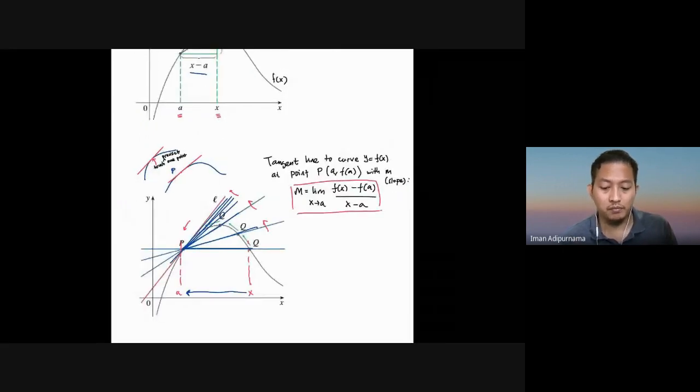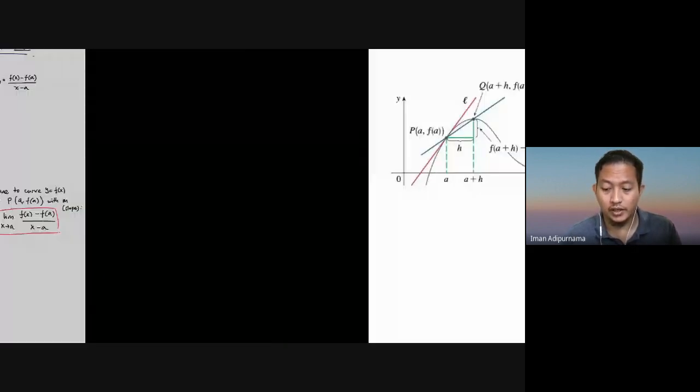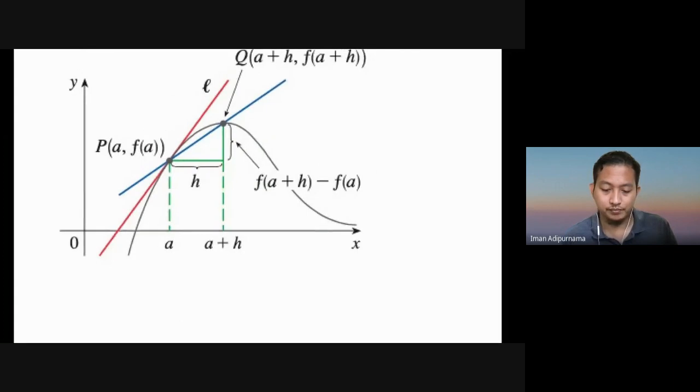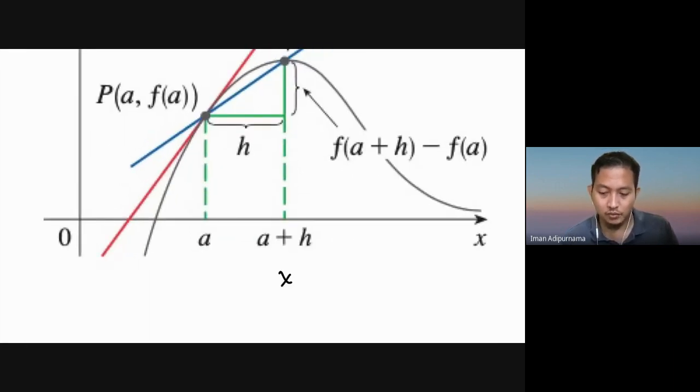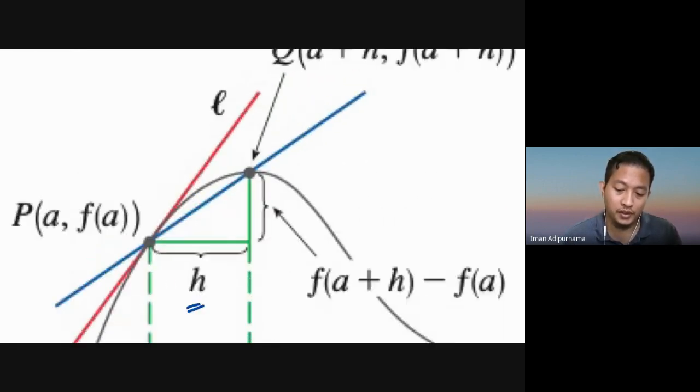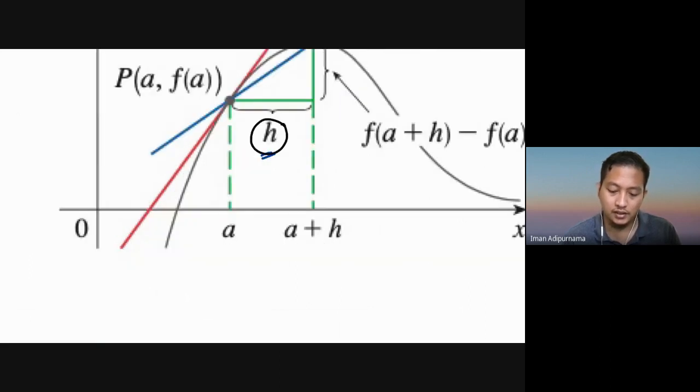Another form that maybe some of you are more familiar with is this form. Instead of x, we now have a plus h, and the distance is h. When you move q to here, the distance h is getting smaller, getting closer to 0.